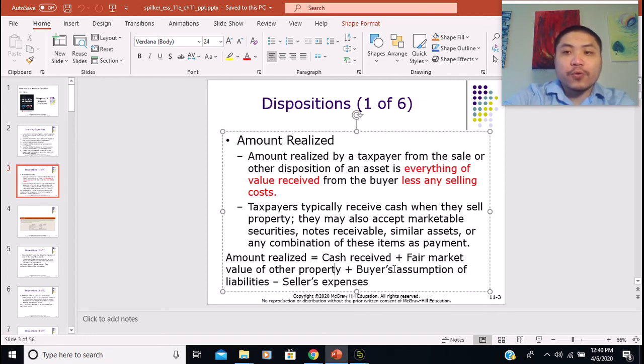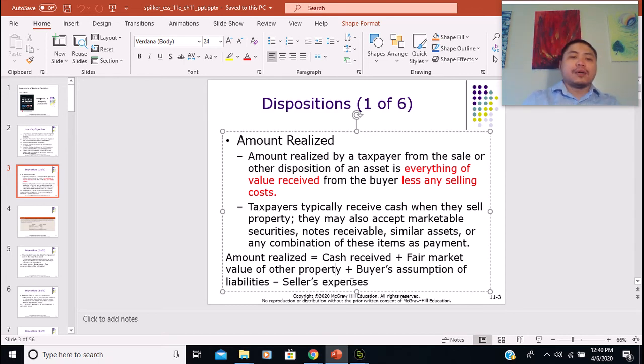So that's what it is. The buyer's assumption of the liabilities from the seller. Then subtract the seller's expenses. So these are the selling costs, in case the seller may have to pay some commission fees to some third party, some middleman, right?